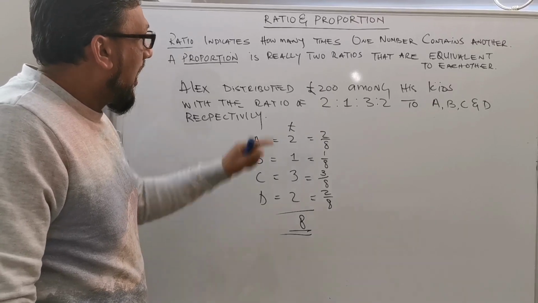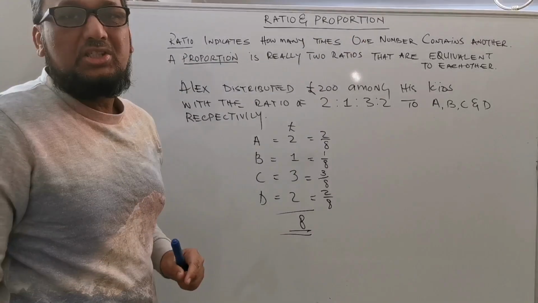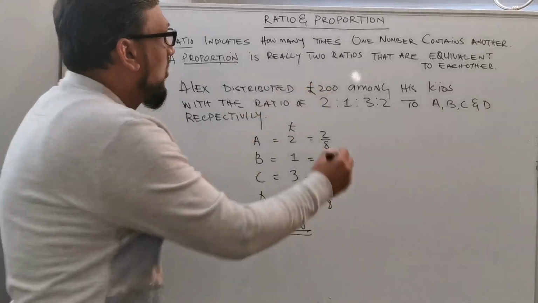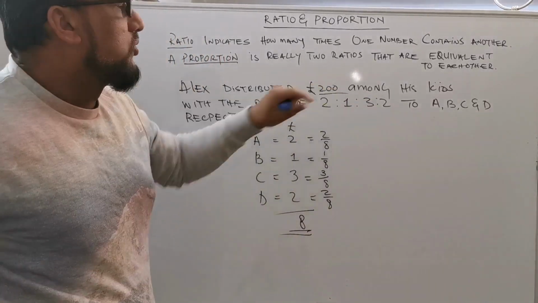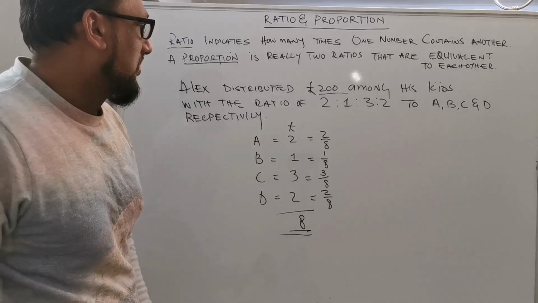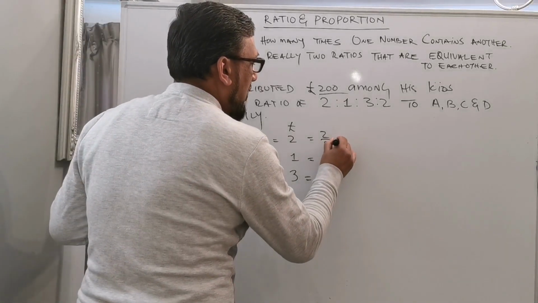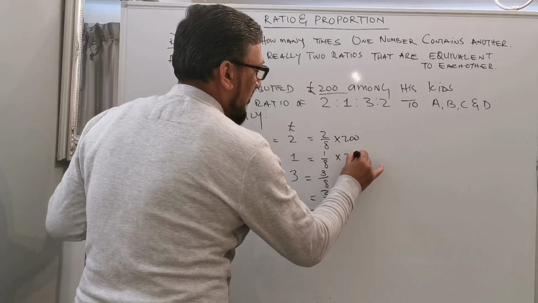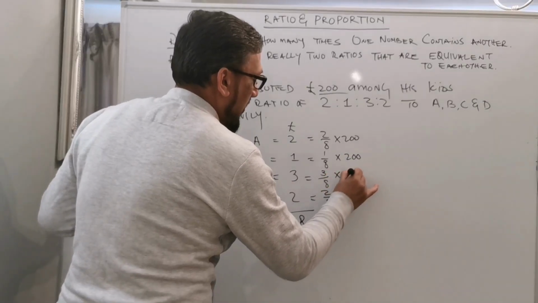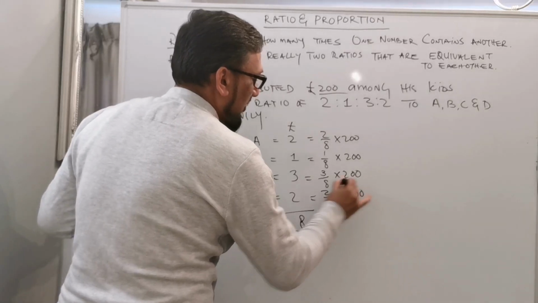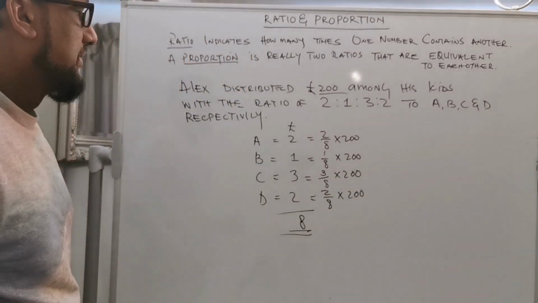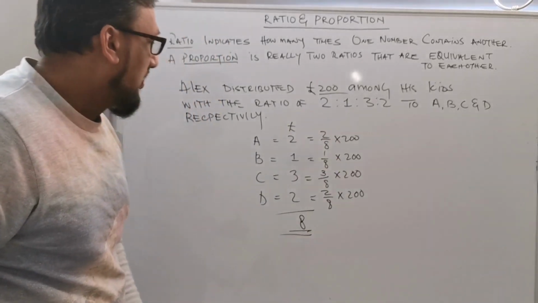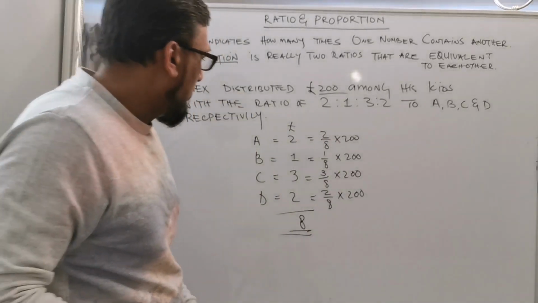Now, how much money is he going to distribute to his kids? As per the question, he is distributing 200 pounds, so we need to multiply by 200 for each kid.